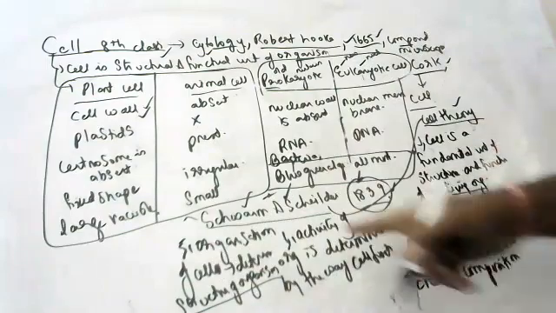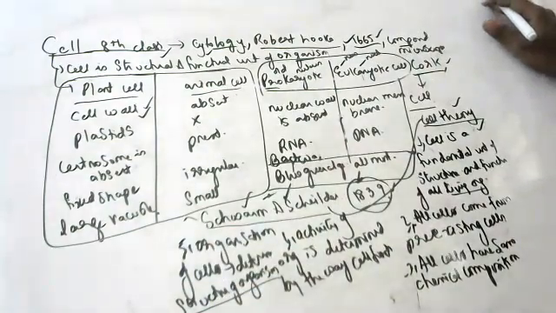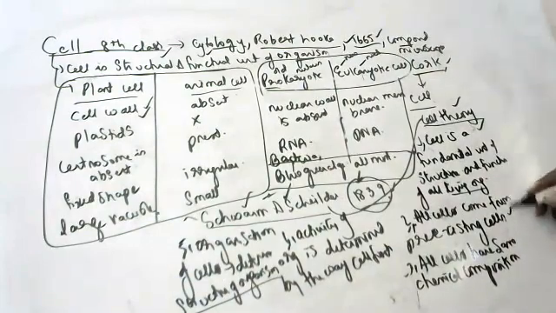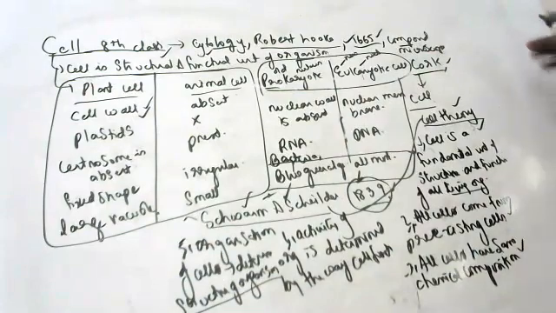Raghav, can you repeat these five points now? Yes, sir. Cell is the fundamental unit of structure and function of all living organisms. All cells come from pre-existing cells. All cells have the same chemical composition.